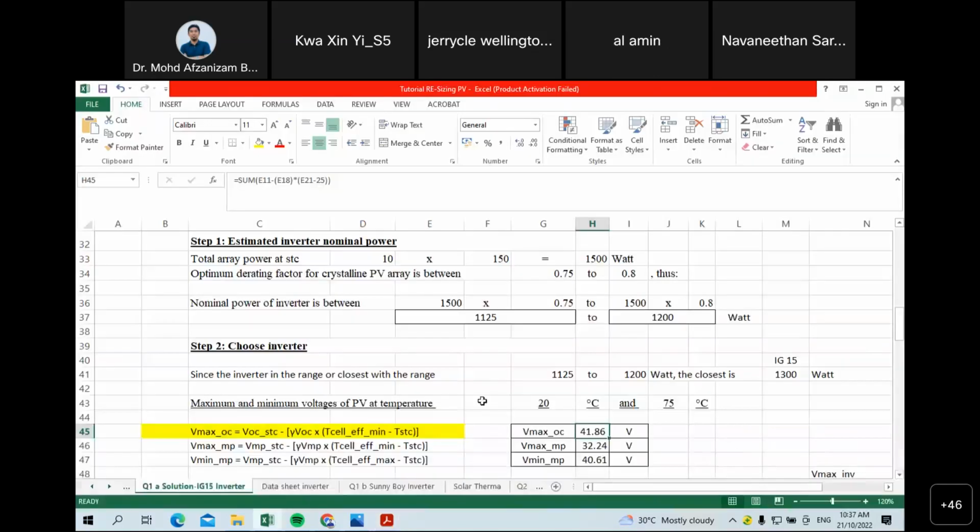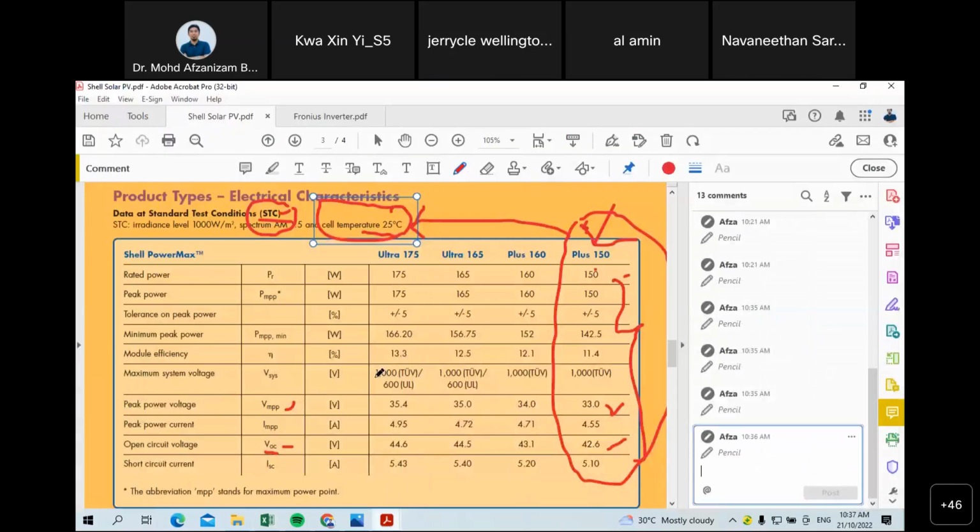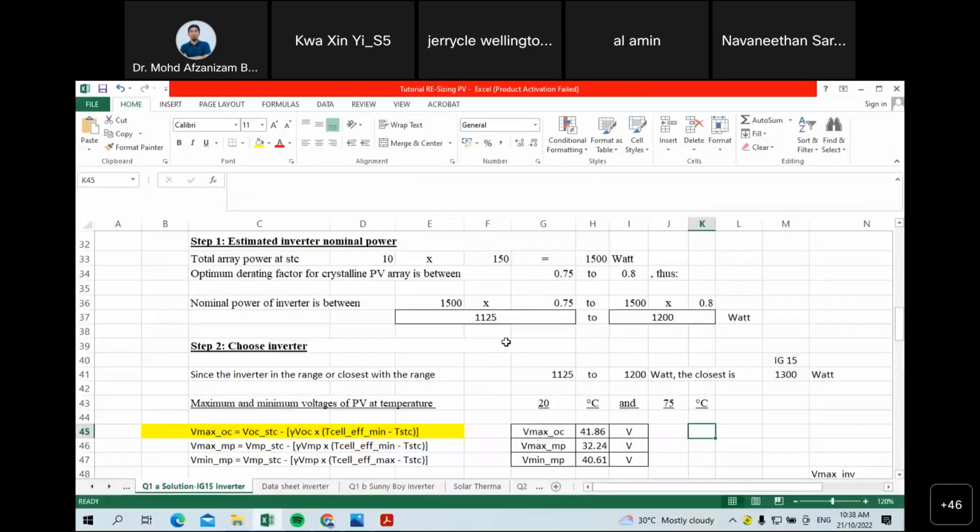Betul doktor. Okay, you guys try to calculate, then we will check together. Cantik kan? So that's the way. Meanwhile I will also try to calculate manually. VOC STC, how much? For 41.86, same, Amanda? Amanda, Norazman, same? Alright. Al-Amin also got it. Terbaik. I had just picked up my pencil. You already got it, okay. So that is correct. Anyone with something different? Maybe we can have a good discussion.